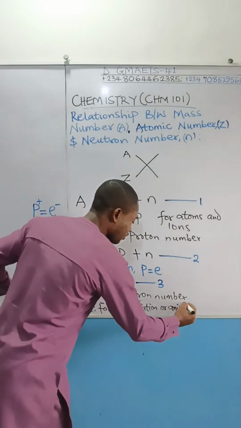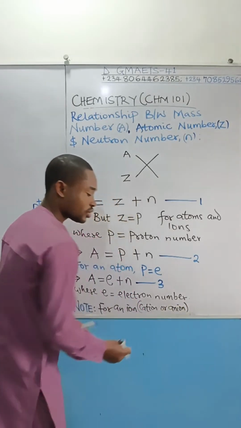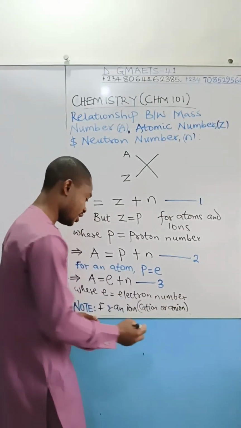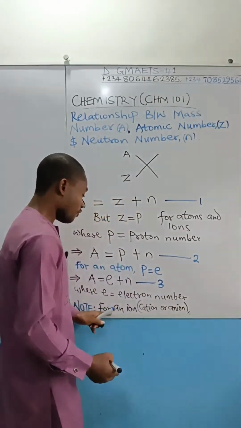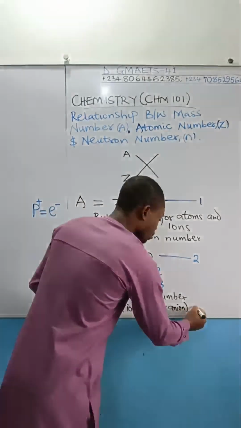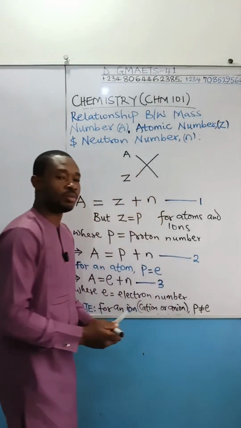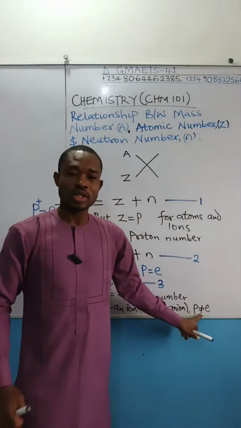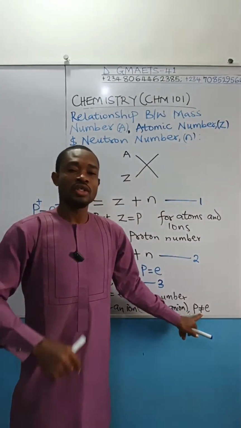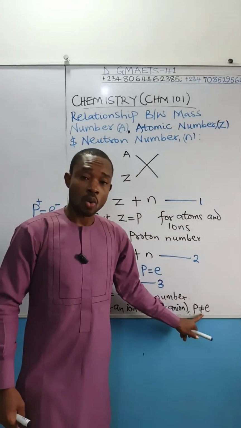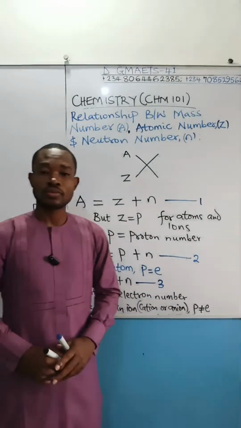Cations are positive ions, and anions are negative ions. For an ion, proton number is not equal to electron number. Take note of that. For what? Ions.